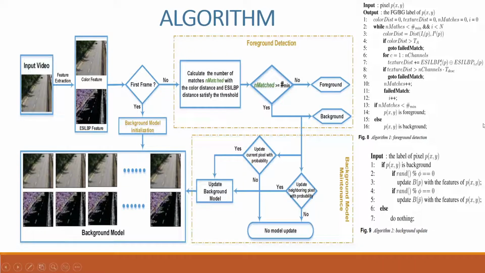If the number of matches is less than a certain threshold, shown here in the program as the minimum count, we say it is a foreground pixel. But if our given pixel from the frame matches multiple data vectors in our background model, then we say it belongs to the background class. In this way we classify pixels into foreground and background classes.